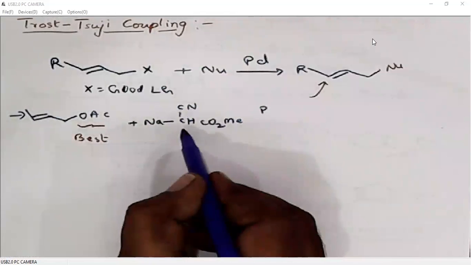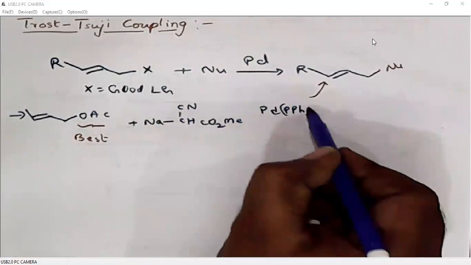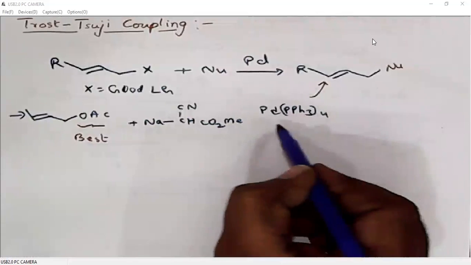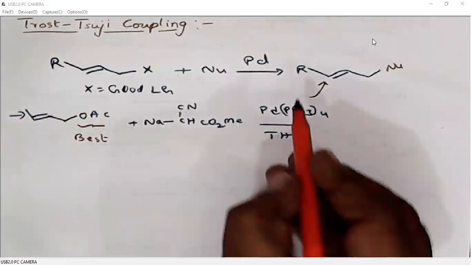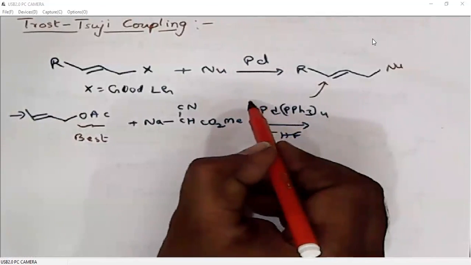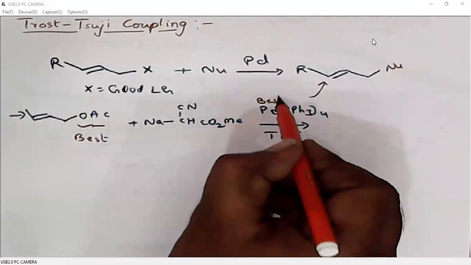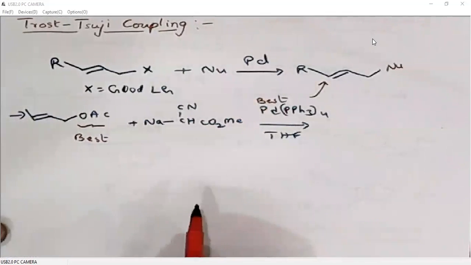This is the nucleophile. As far as Trost-Tsuji coupling is concerned, tetrakis triphenylphosphine palladium is the best palladium catalyst. So what is the product here?